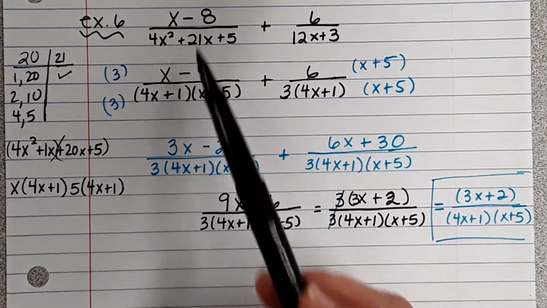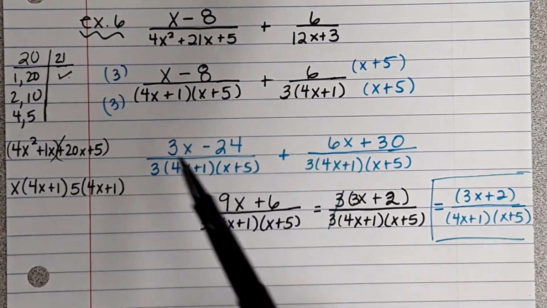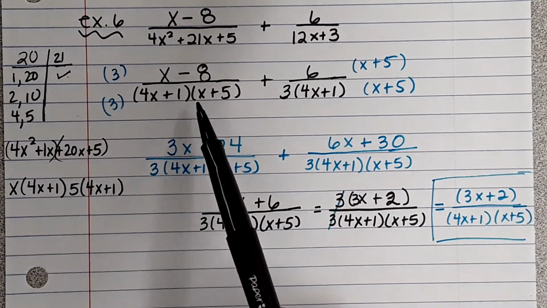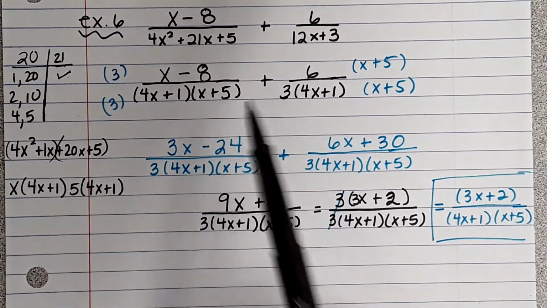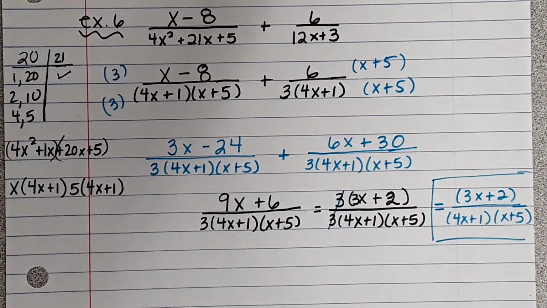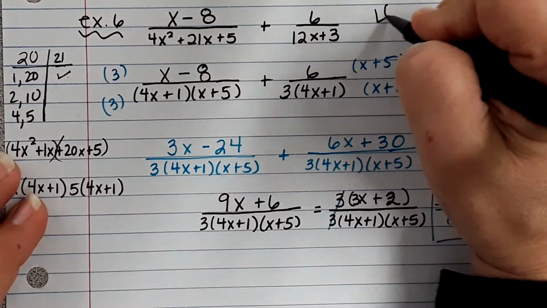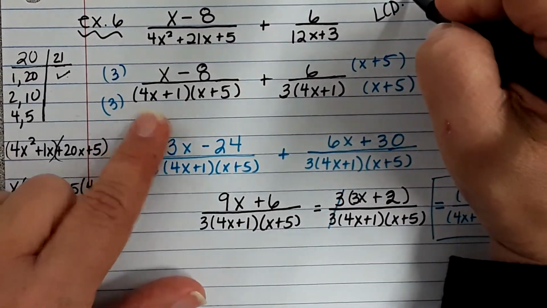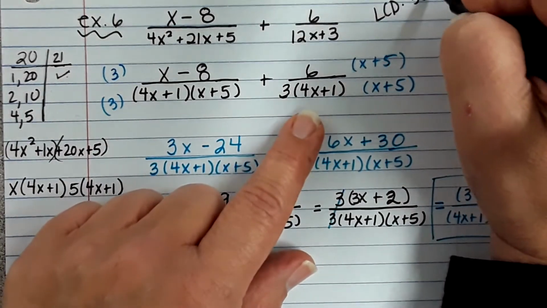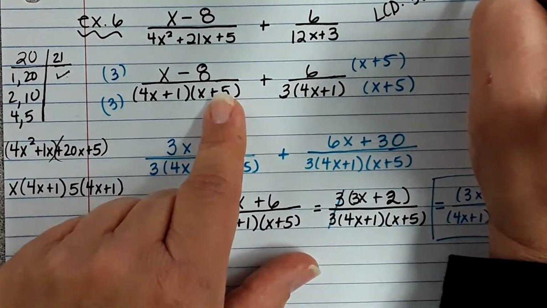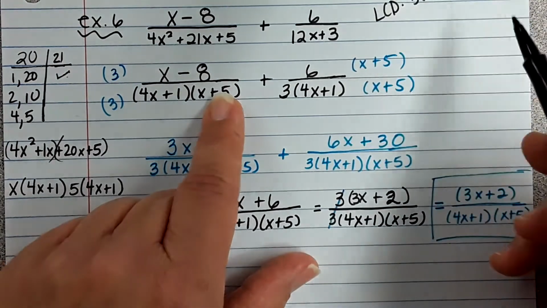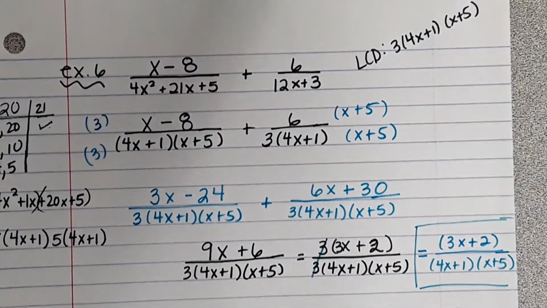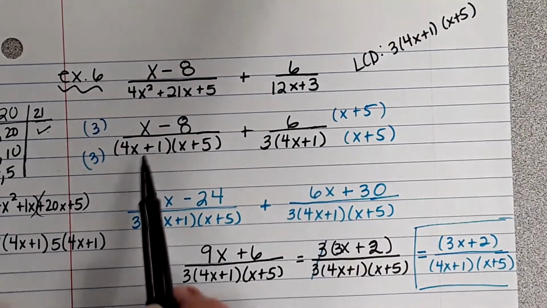So again, you factor the denominators, and then you need to look at what's missing. Because remember, the LCD is everything combined. So my LCD would be 3, 4x plus 1, and x plus 5. It would have been everything.